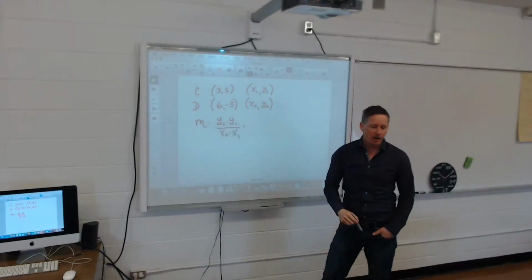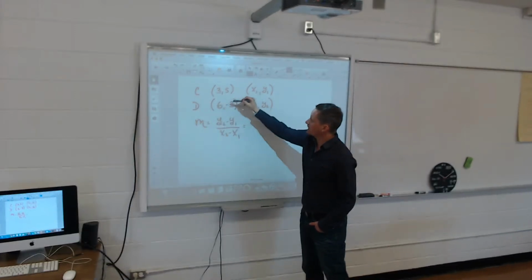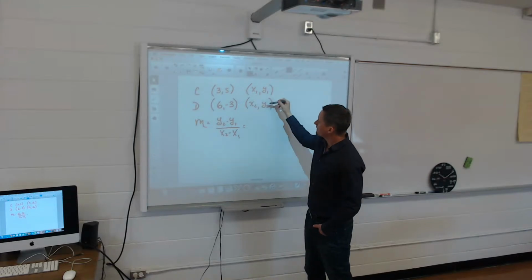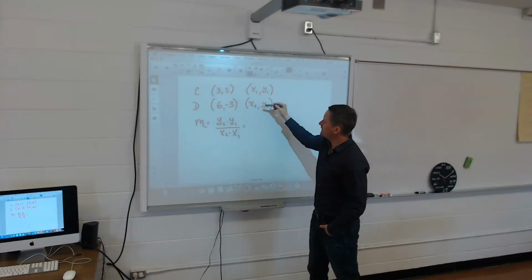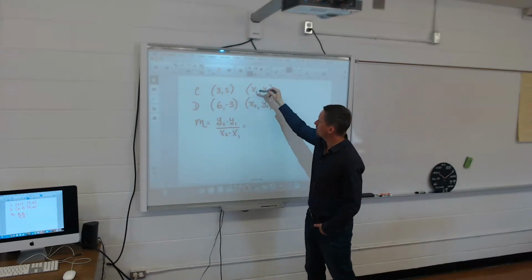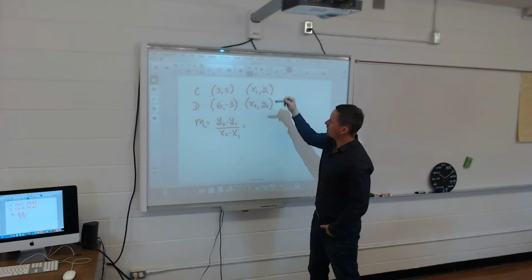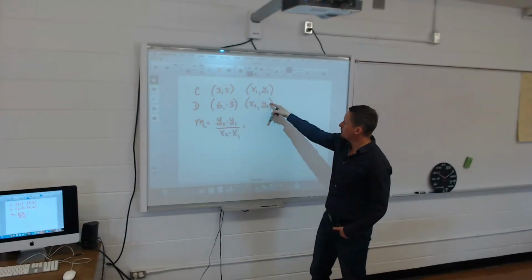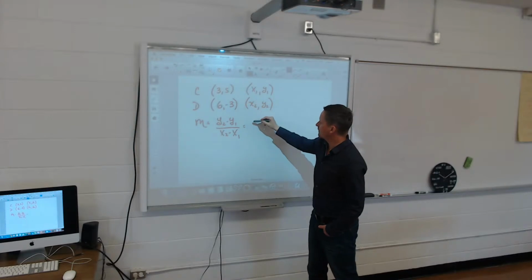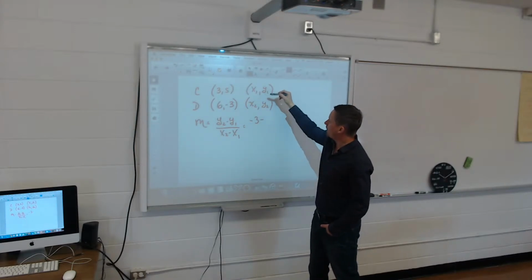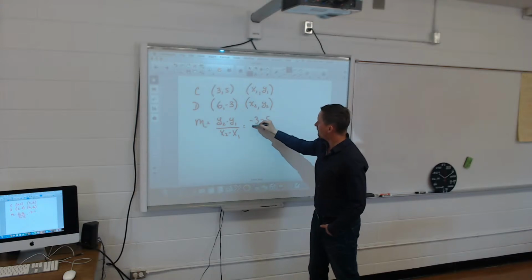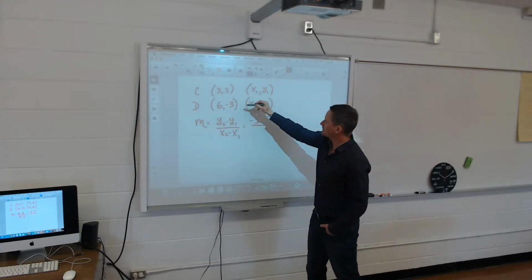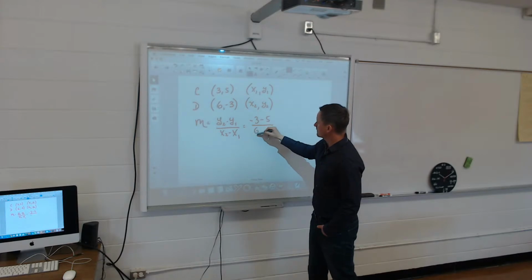So again, notice how I've drawn the coordinates. It's xy, xy. In this case, I've made the d value y2 and x2, and the c value x1 and y1. So my y2 value is -3. Subtract my y1, which is 5, over x2, which is 6.